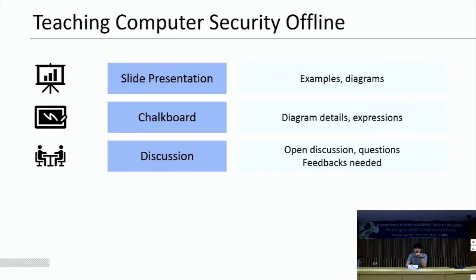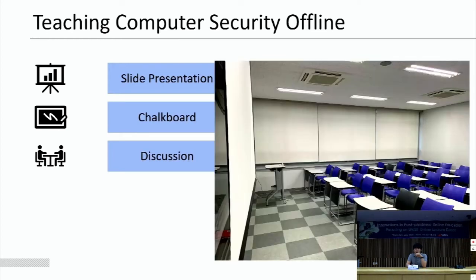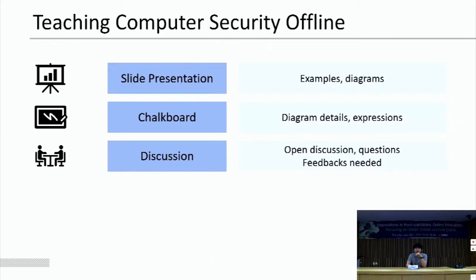This is a photo of our classroom, which is unfortunately empty. There is the place where I can show slides, and beside it there is a whiteboard, and students are supposed to be there. So it is really easy to discuss topics with students.